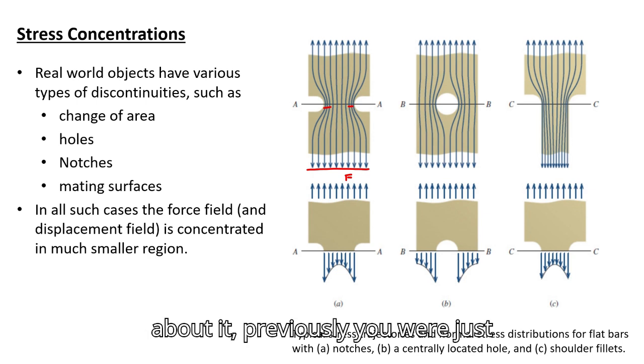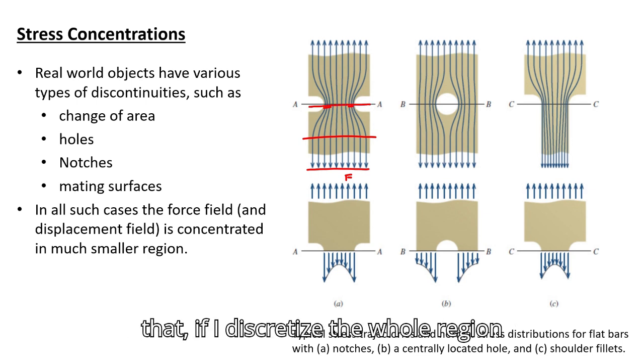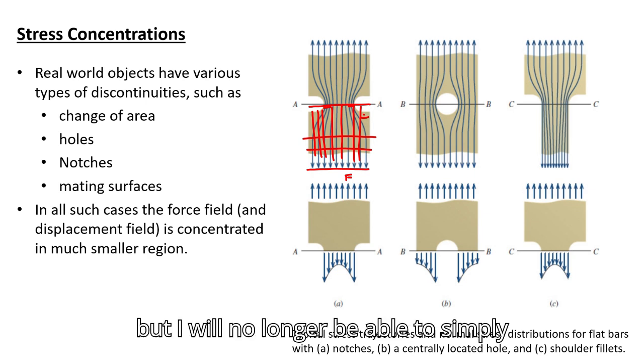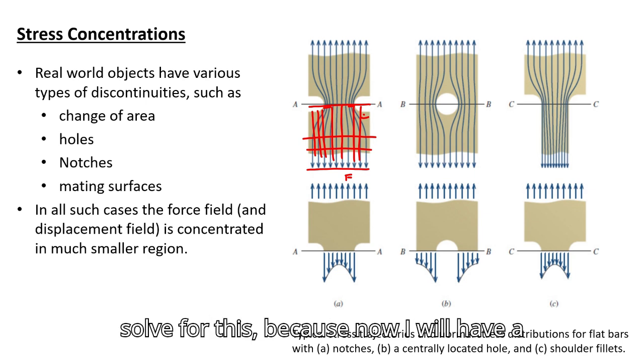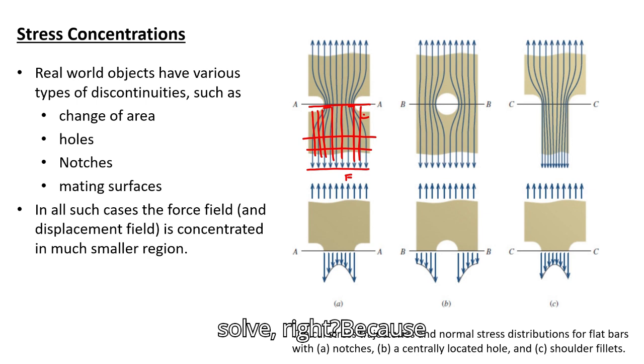So think about it. Previously, you were just calculating the stress based on this average area. Next, you calculated it based on this average area. Instead of that, if I discretize the whole region into small squares or small triangles, I will be able to use each of these areas separately. But I will no longer be able to simply solve for this, because now I will have a large system of equations to solve, right?